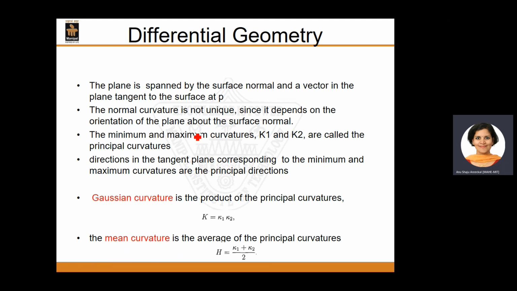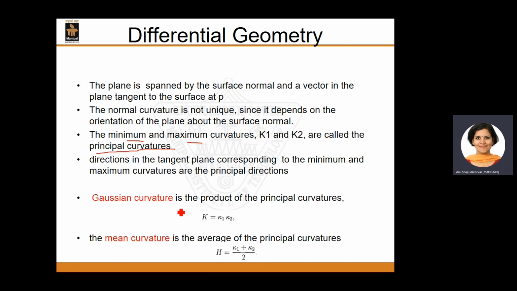What we actually do is find the minimum and maximum curvatures after varying the position of the points, and these are called the principal curvatures.